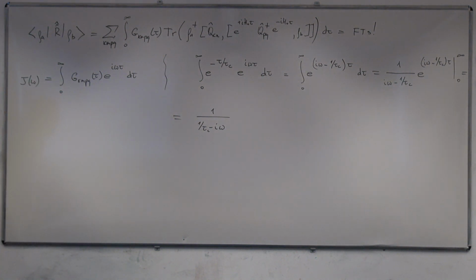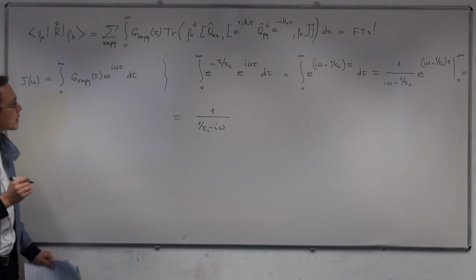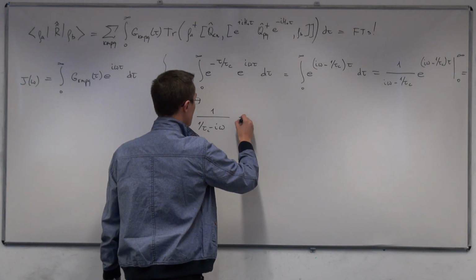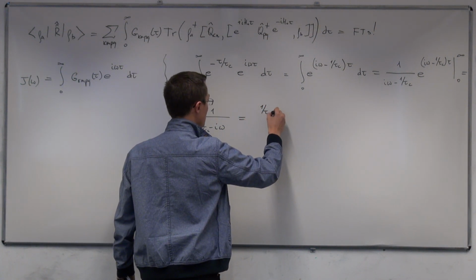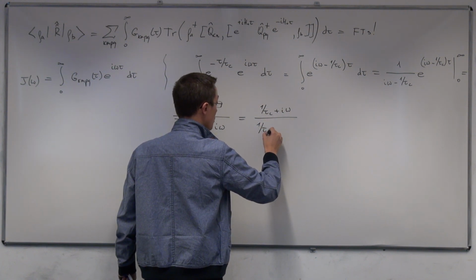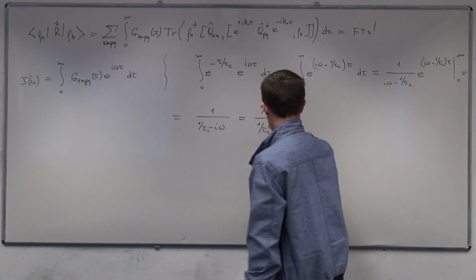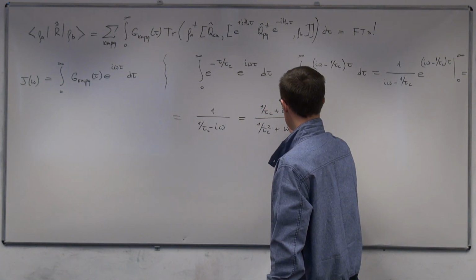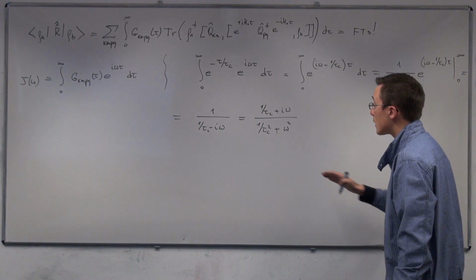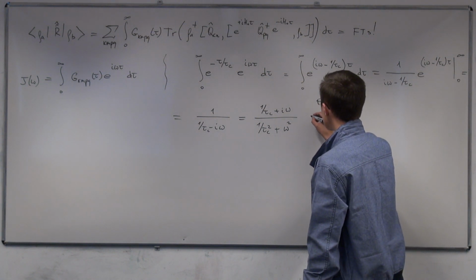It's often not a good idea to drag these things with complex numbers in the denominator, so why don't we multiply and divide it by its complex conjugate? So what we'll get is (1/tau_c + i omega) over (1/tau_c squared, minus, or plus in this case, omega squared), and multiply it also yet again on both numerator and denominator by tau_c squared.